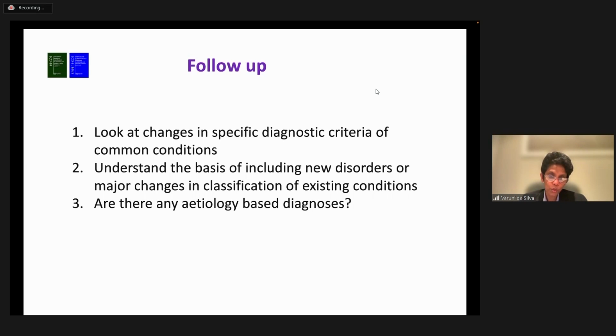And also, just remember the first slide where I showed you the COVID diagnosis, which is etiologically based. Go through the ICD-11 and see how many of them are actually etiologically based diagnoses, because that is where we will eventually have to head towards.